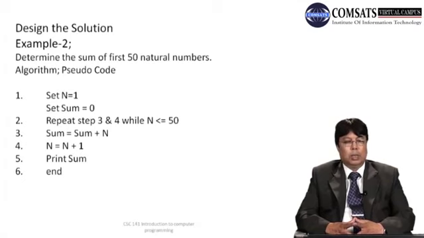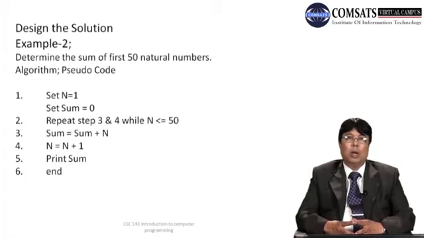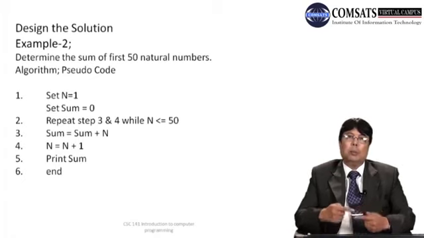Step number 2, repeat step 3 and 4 while n is less than equal to 50. Here we have defined के next 2 steps, which is step number 3 and step number 4, we need to repeat these 2 steps again and again.